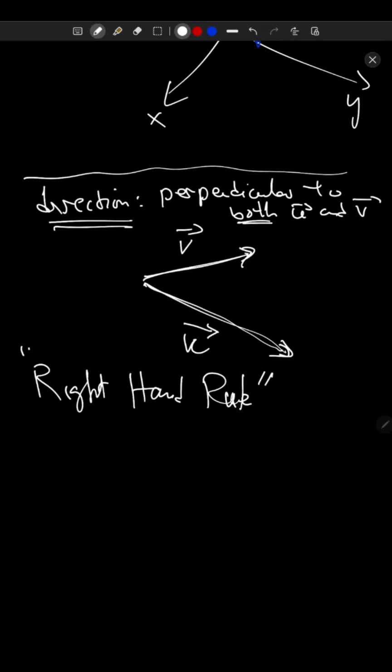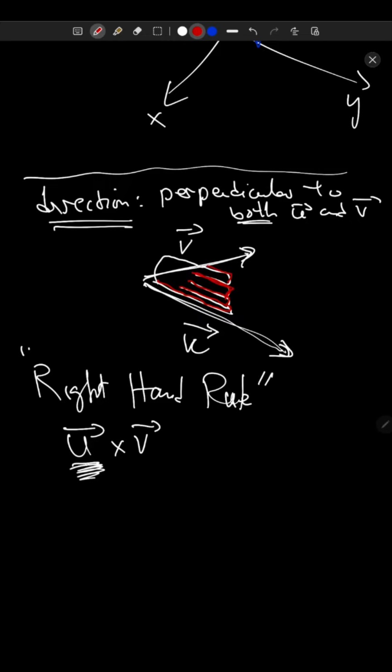And what you do is, I'm going to try to draw this. You take your right hand, and it has to be your right hand, so that the blade of your hand is along U. So we're doing U cross V. So U comes first, and then V. You put the blade of your hand along U. So this here, let's say, is your pinky, this one is your ring finger, middle finger, index finger, and then here's your hand.